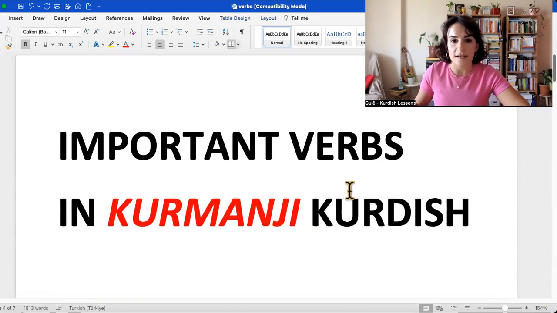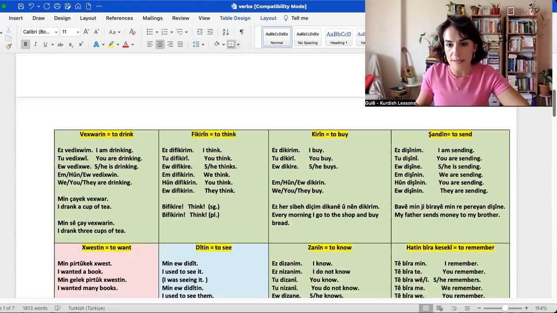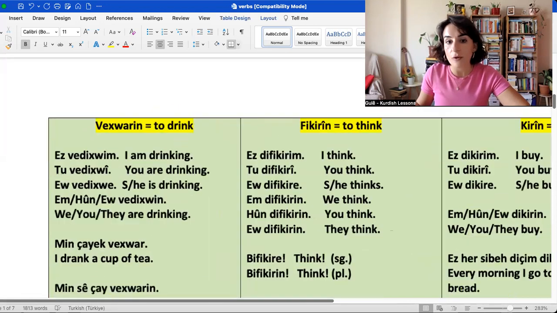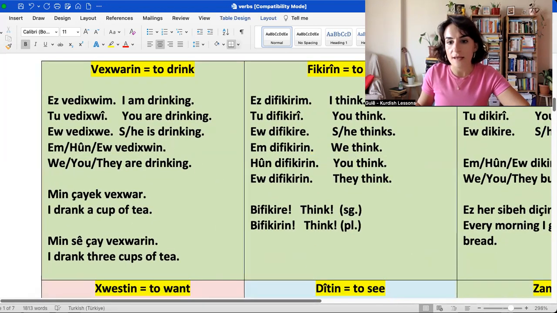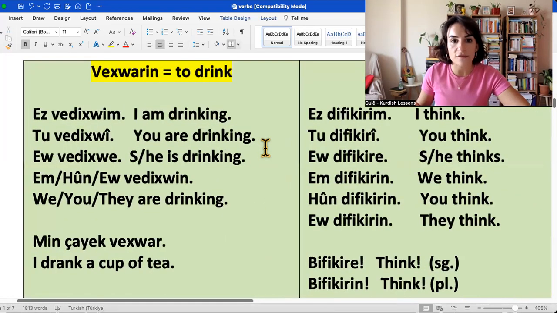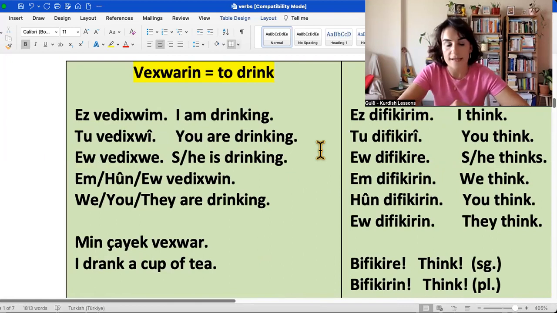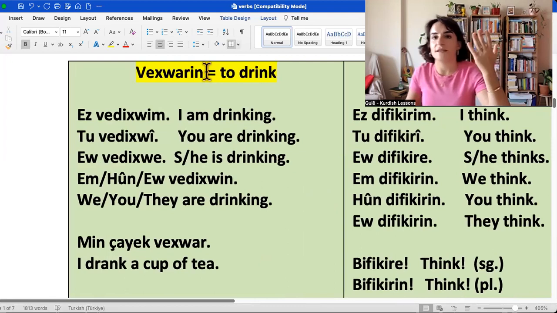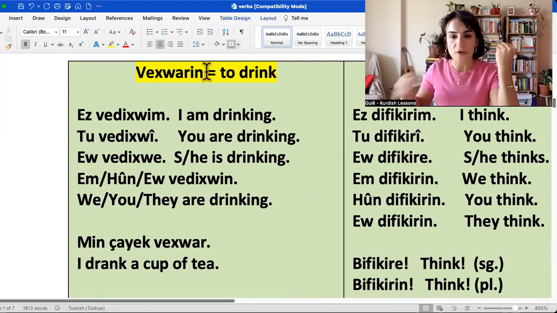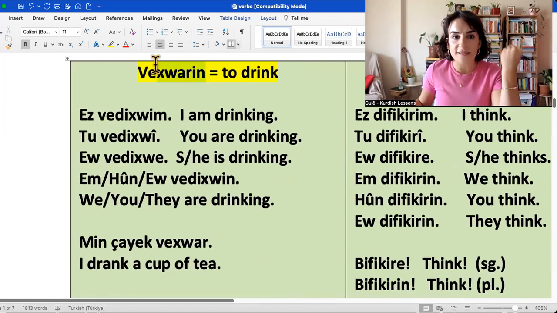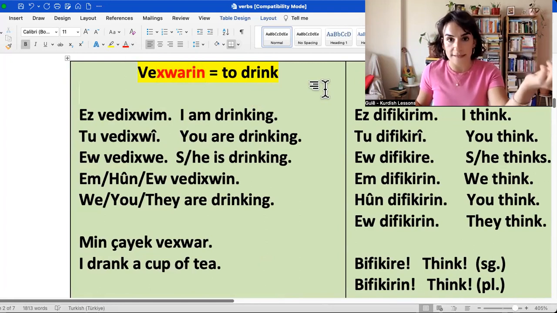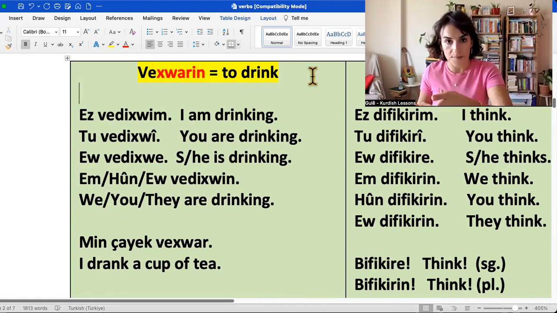So our first verb is vahwaren, okay? Vahwaren is to drink, right? If you have some knowledge about Kurdish verbs, you will recognize that khwaren is our verb, which means to eat. So ve is a prefix, vahwaren.